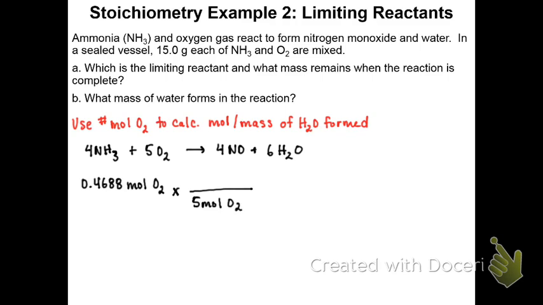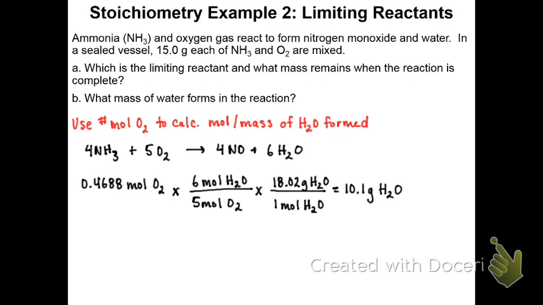For every 5 moles that react, we form 6 moles of water, so we multiply by 6 moles of water. Then we want to convert to mass, so we multiply by the molar mass of water. So that comes out to 10.1 grams of water.